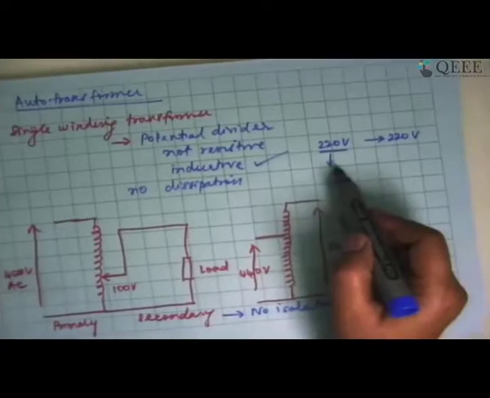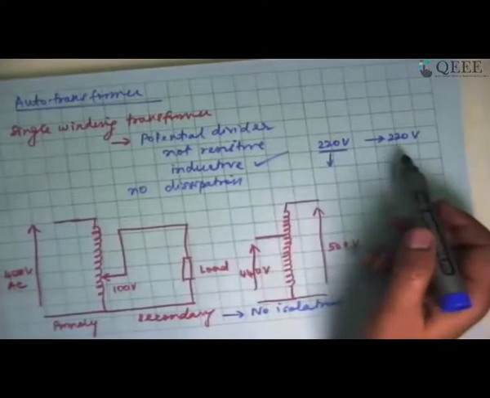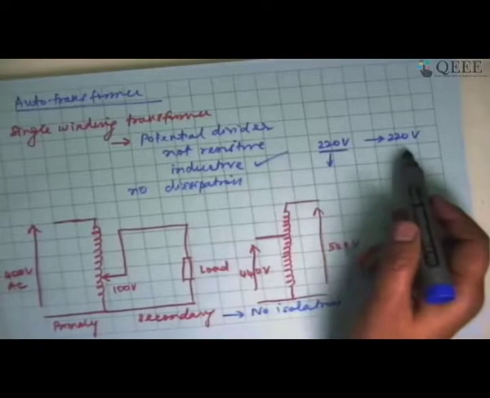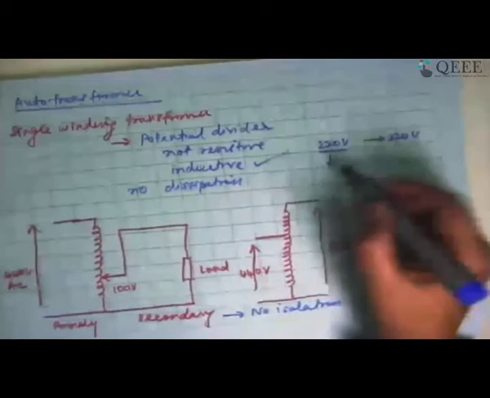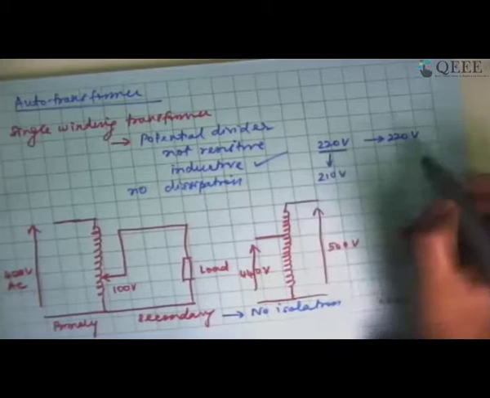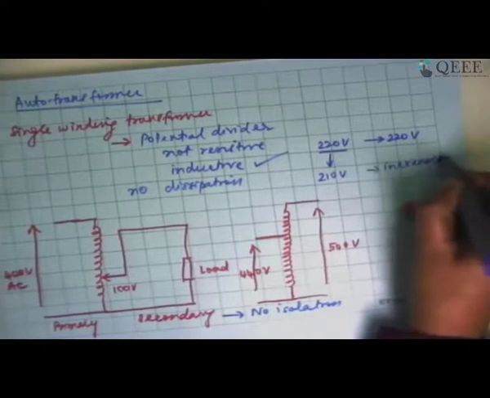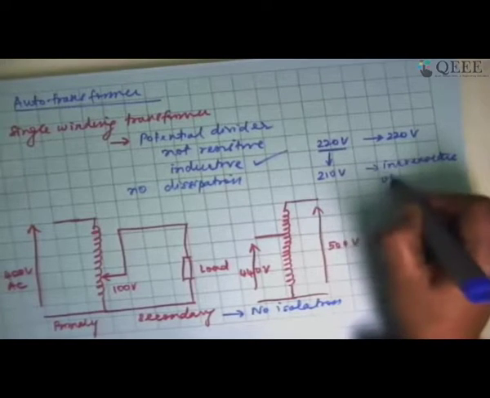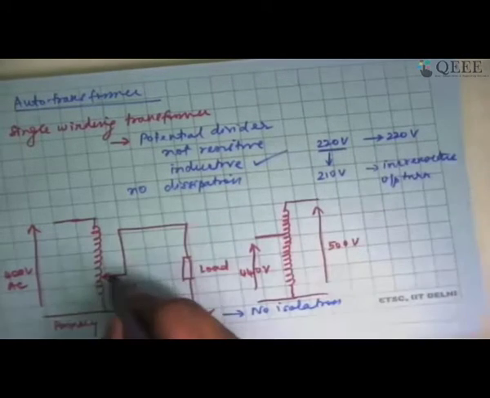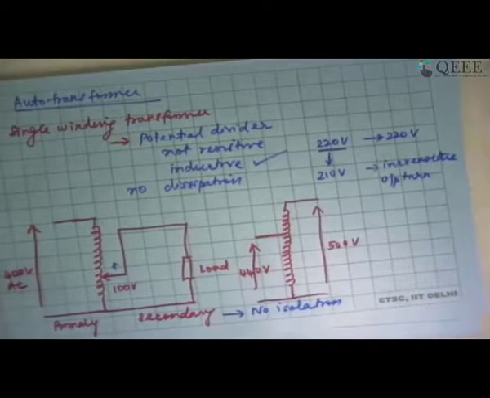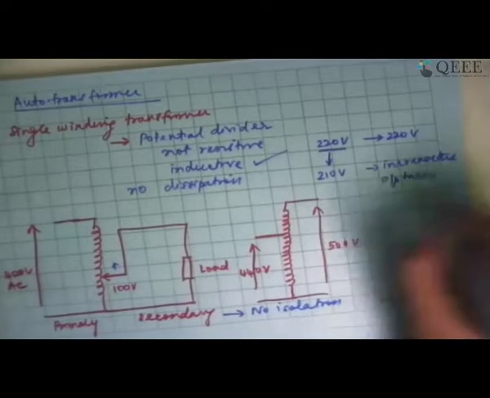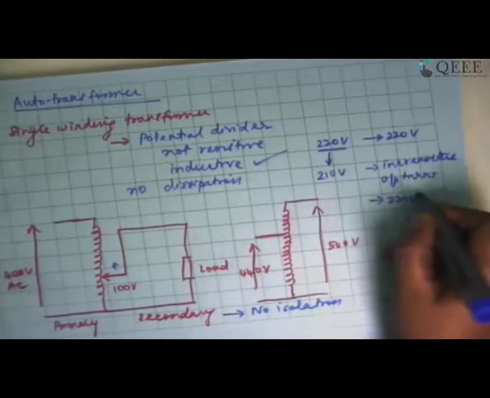So many stabilizers use an auto transformer for stabilizing the output voltage. Let us say it is fluctuating to 210 volts. If I increase the output turns, or move this movable point to a little higher value, then obviously I will get 220 volts as the output.